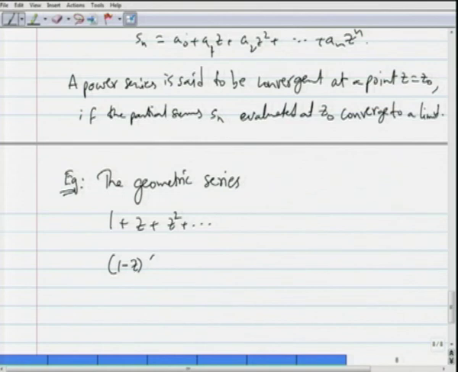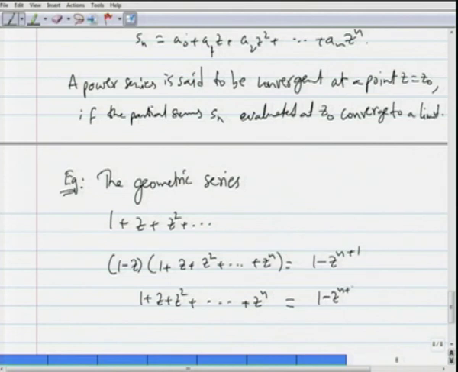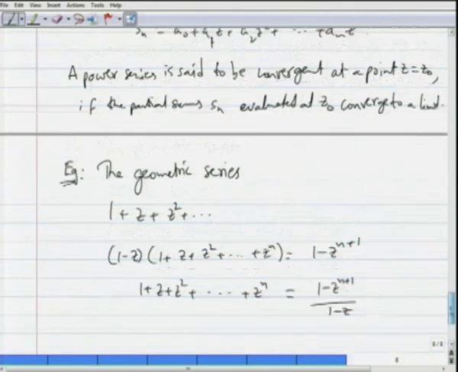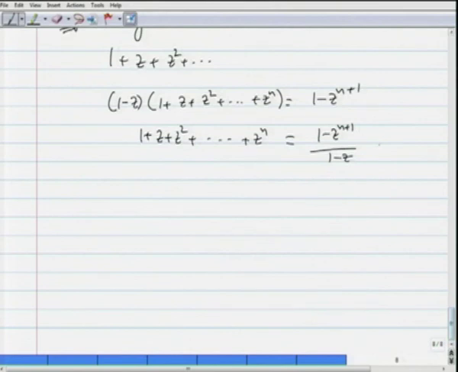We know by simple arithmetic that 1 minus z times 1 plus z plus z squared plus so on until z power n is 1 minus z power n plus 1. So, 1 plus z plus z squared plus up to z power n, which is the nth partial sum of the geometric series, is 1 minus z power n plus 1 divided by 1 minus z. Of course, we need that z cannot be equal to 1.